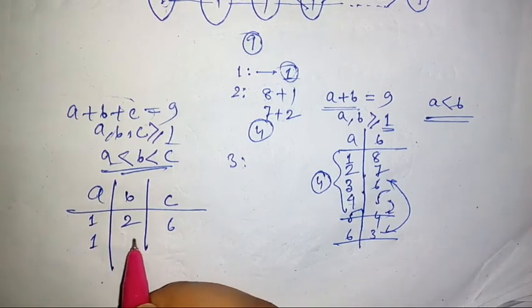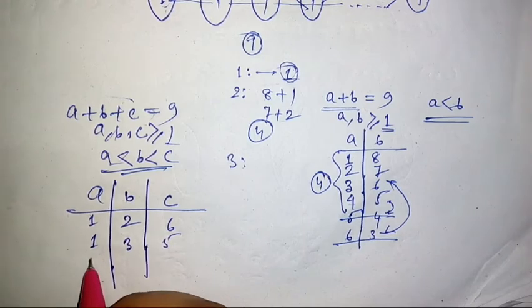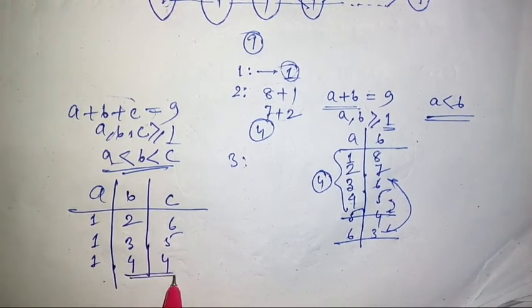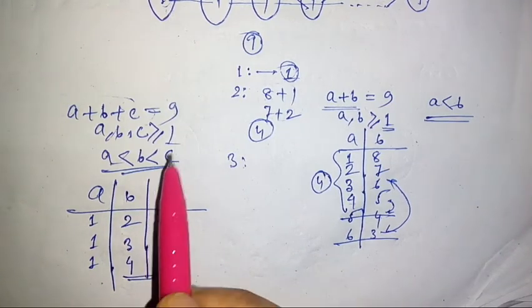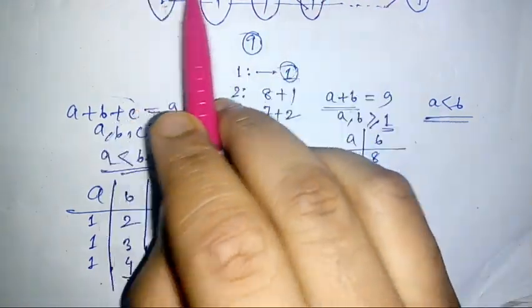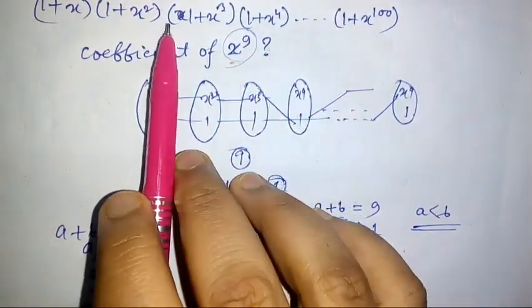Now again I will increase it and I will decrease it. 4 plus 4. See, now these two are equal, and even if these two are equal, I cannot get equal terms, because these are the powers of x, and in this series the powers of x are distinct numbers. They are not the same.